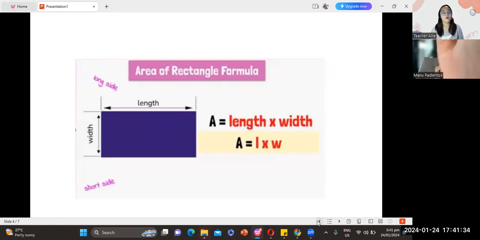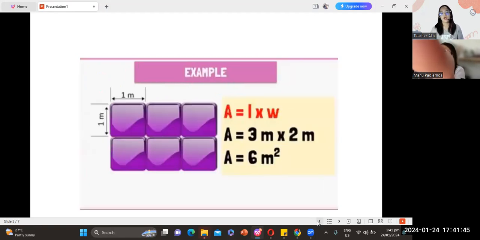Now, how about the formula of a rectangle? A is equals to length times width, or A is equals to L times W. Again, what's the formula of a square?